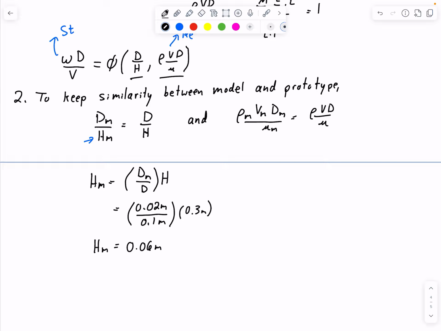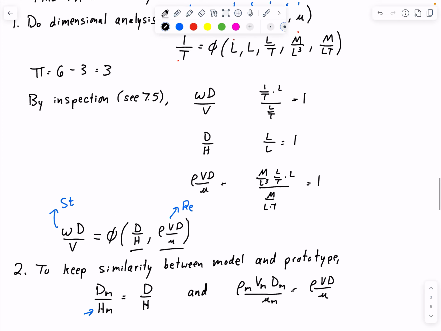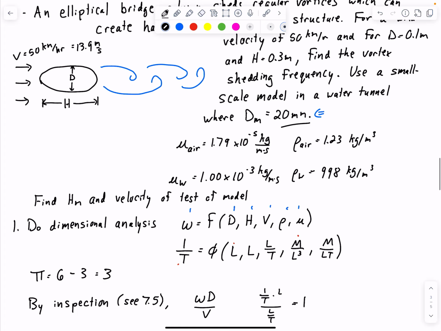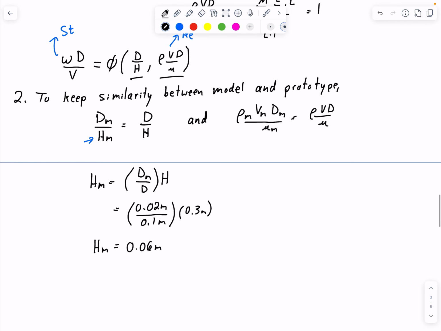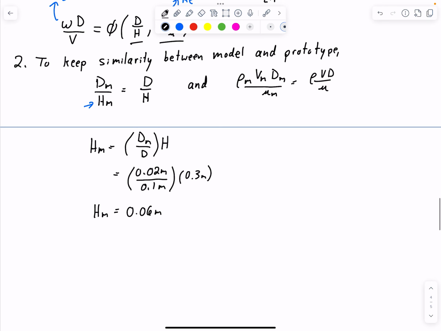Now, how about this second equation? In the second equation, we're equating the Reynolds number, rho vd over mu, of the model to the Reynolds number of the prototype. We need to find v sub m, the velocity that's going to be used for the model. That's what we were asked for up here: we want to find the velocity of the test model. So we're going to solve this equation for v sub m.